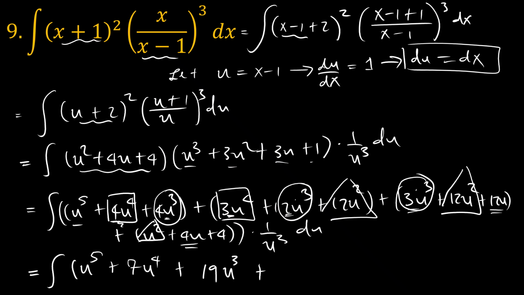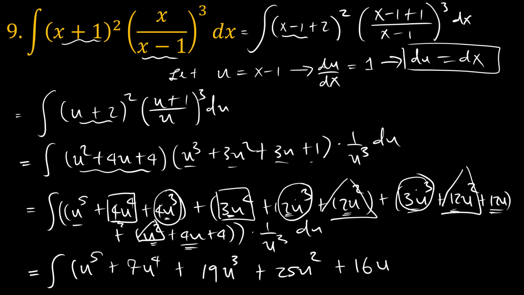And then we have this and this and this, which is 24 plus 1, which is 25u squared. And then we have 12 plus 4, which is 16u.